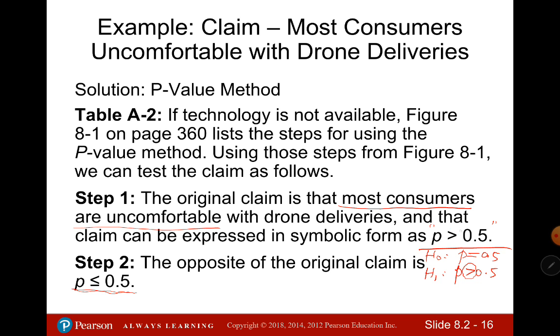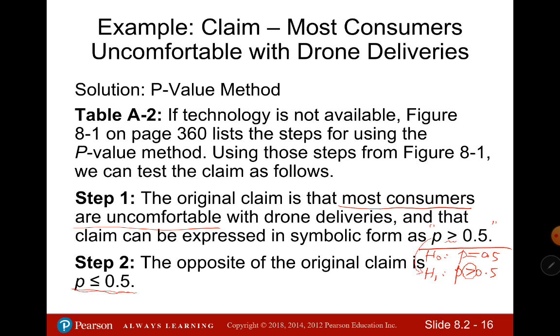So the only thing you need to figure out is whether this is our alternative or null hypothesis. If your original claim has the equal sign in your expression, that will be our null. But this time we have the greater than sign. So if it's not an equal sign, this automatically goes to our alternative.